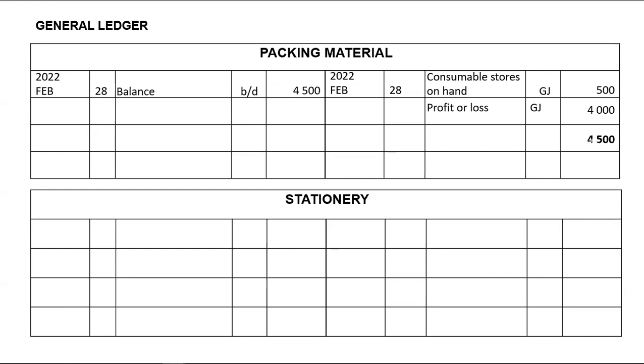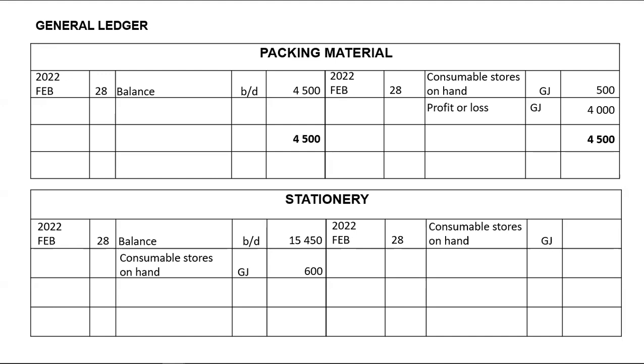Stationery, please note that when it comes to stationery, you'll have to have a balance brought down. In this case, it will be 15,415, and then you add the consumable stores that were not reversed at the beginning of the financial year, because that's what you have to use first before you can use the ones that you purchased, of 600. And then you minus stationery that was not used at the end of the current financial year, which was 1,950, and then the remainder or the balance will go straight to profit or loss, and that will be 14,100.